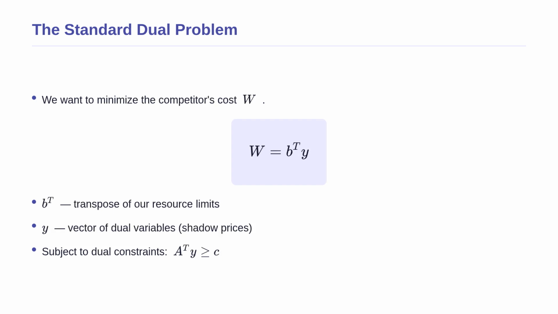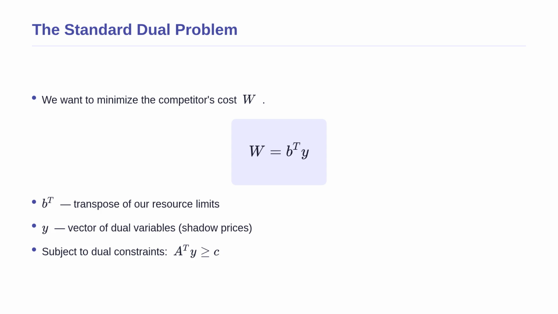Now that we have our primal problem, let us look at its mirror image. The dual problem flips our perspective. Instead of maximizing profit, the competitor wants to minimize their total cost, which we call W. This cost equals B transpose times Y. The vector B comes directly from our primal resource limits, and Y represents the dual variables.